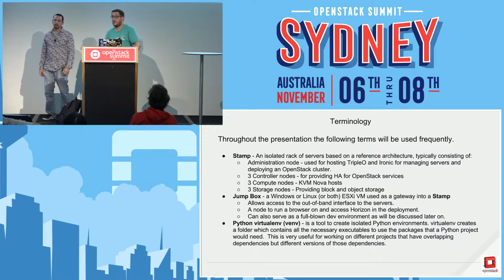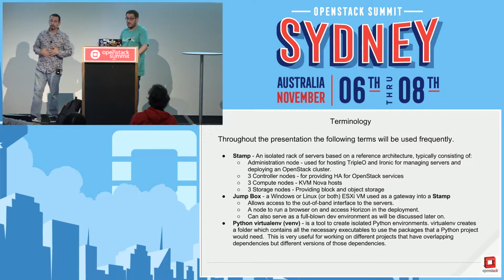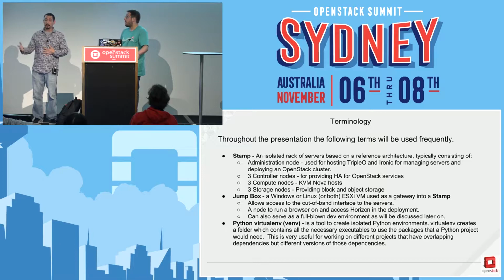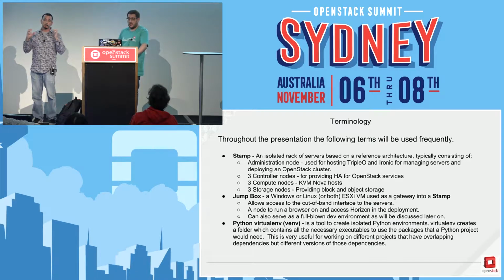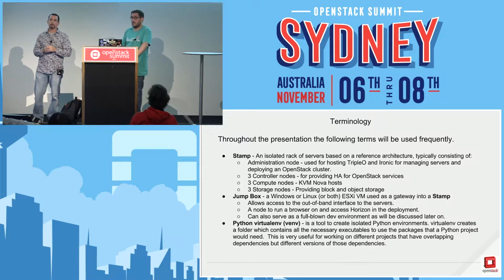So some terminology I'll use throughout it, which is specific to my and Dell's experience, is we call a stamp, which would be an isolated OpenStack cloud, which would be a rack of servers on an isolated network with a VM running Windows that allows you access into this environment.